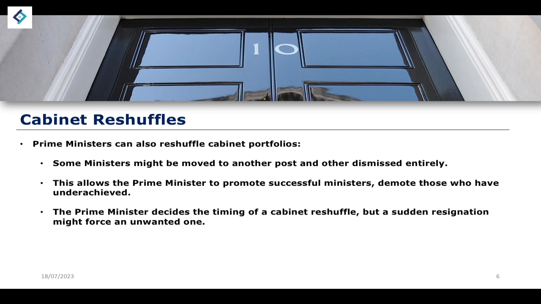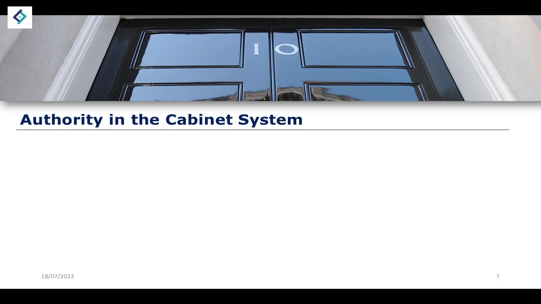Ultimately, the Prime Minister has the full authority and power in the timing of a cabinet reshuffle, but of course, one limitation of this would be the fact that a reshuffle could be forced by way of a sudden resignation by a cabinet minister.